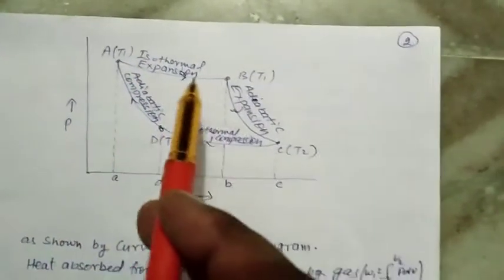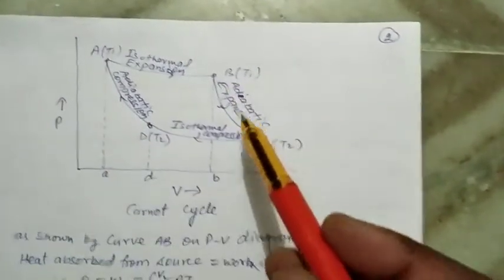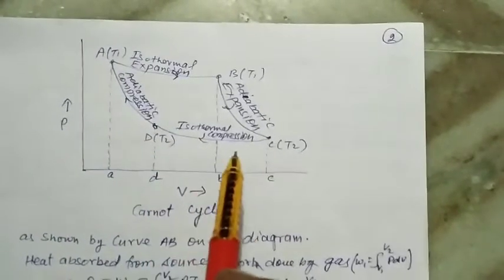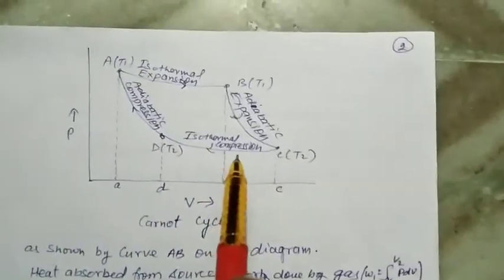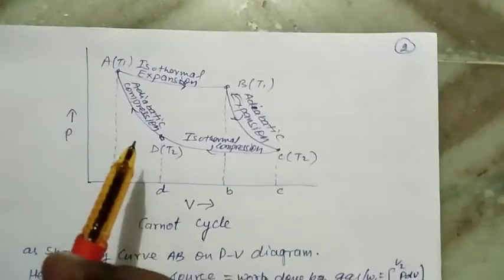This process is called isothermal expansion. This process is called adiabatic expansion. This step is isothermal compression, and this process is adiabatic compression.